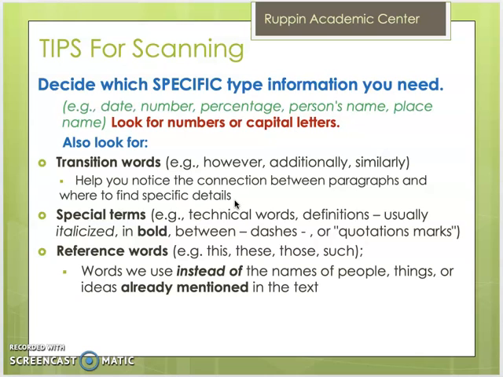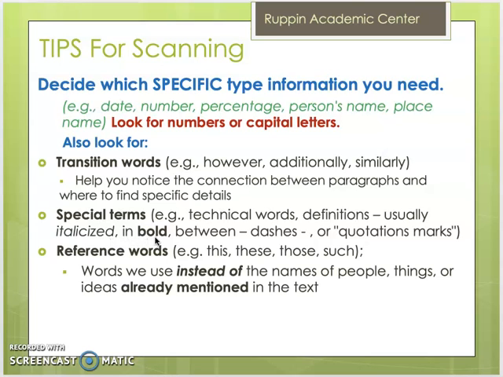It's also good to look for special terms. These would be like technical words that are being defined. They might be giving a definition. Sometimes you can find them because they're italicized in the text, and that helps your eyes locate them more easily.